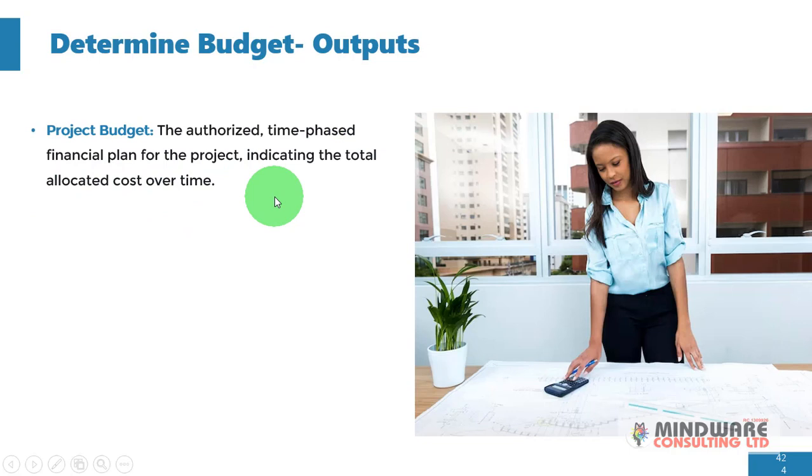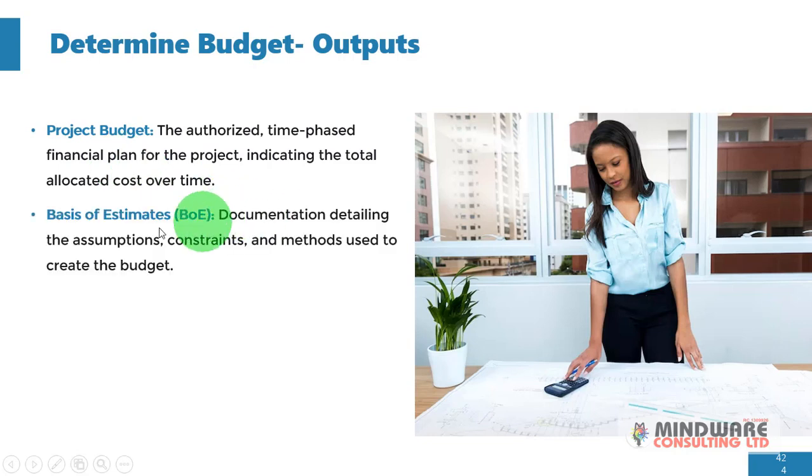The project budget carries the total amount of funds that will be going into the project in every form of detail. The cost for each activity, the flow of the activities, each phase and milestone, everything will be outlined in the project budget.